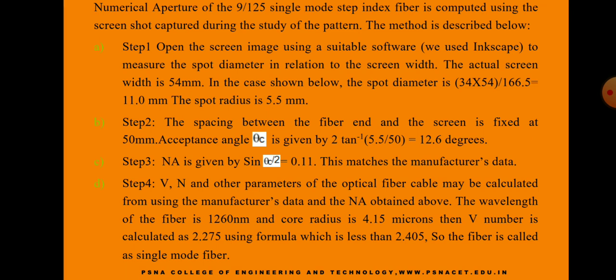Now we are going to calculate the V number. The V number is calculated based on the formula I already mentioned: 2 pi a divided by lambda, multiplied by the numerical aperture.